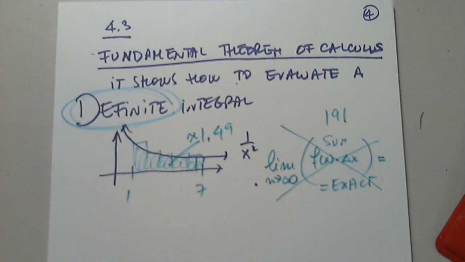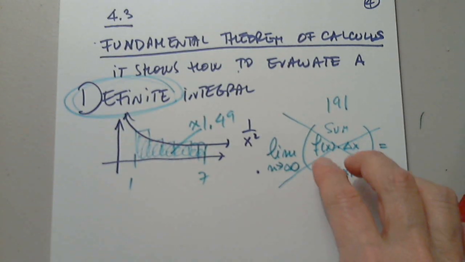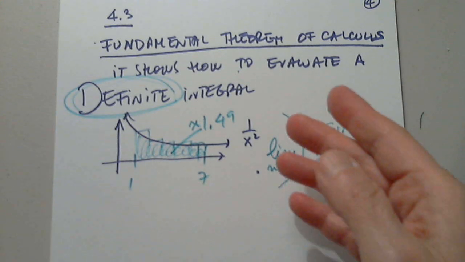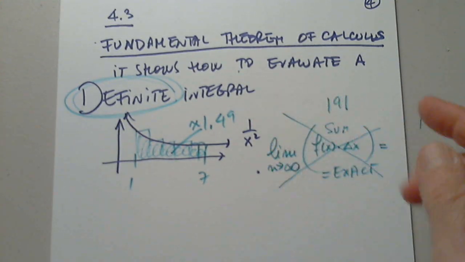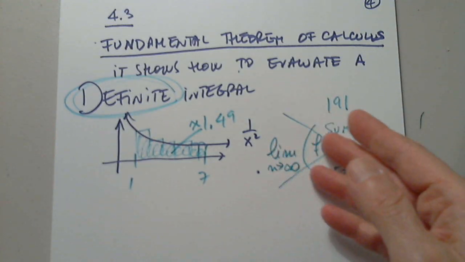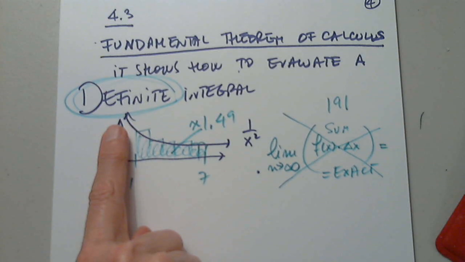The definite integral. What is that? So in order to determine the area, we'll find the limit. But this is a cumbersome method. We will find the exact area for certain functions, but it's a difficult method. Instead, we have this one.